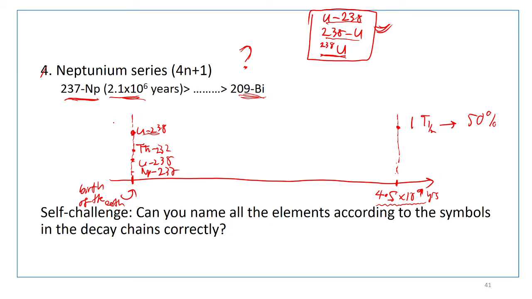Let's say the beginning of time is 100%. After one half life, the number of uranium 238 has decreased to 50% of its original number.